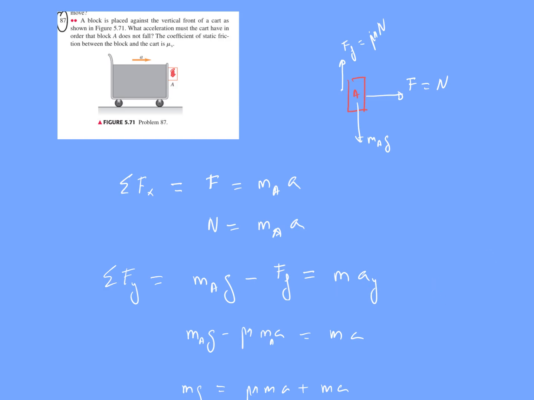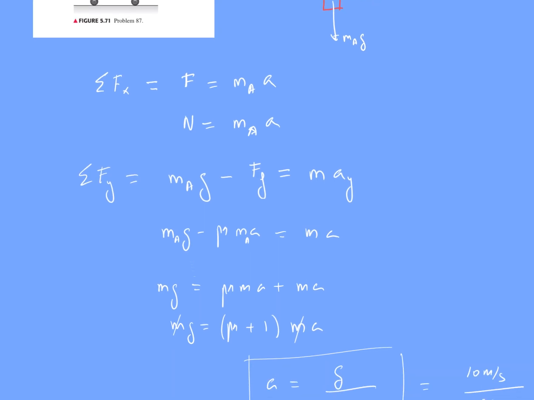I want to find a relation when AY is 0, so that there is no acceleration going downwards. So this will be 0. Now, if this is 0, the equation will be the mass M of the block, the mass A, minus mu by the normal, but the normal is M by A. So the equation will be like this, equals 0.